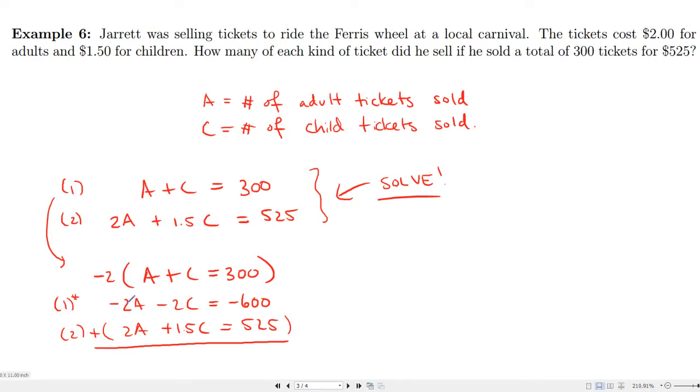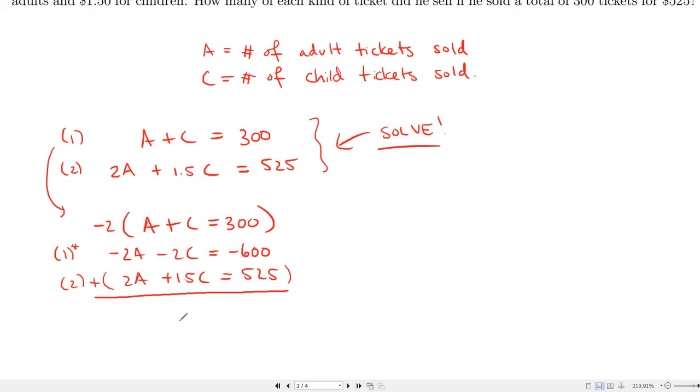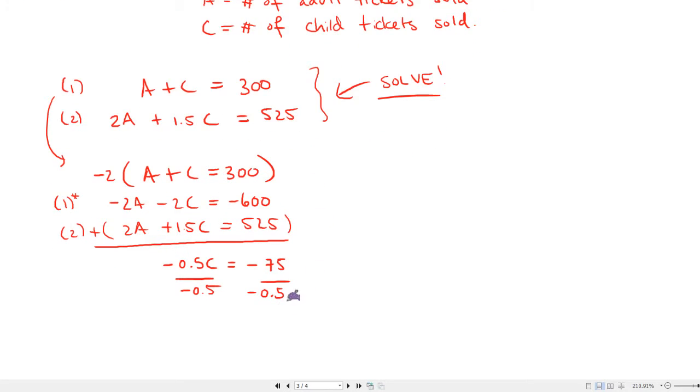And the a is eliminated. And for c, we will have -0.5c is equal to -75, and then we just divide by -0.5, sorry, whoops. And then c would be positive 150.